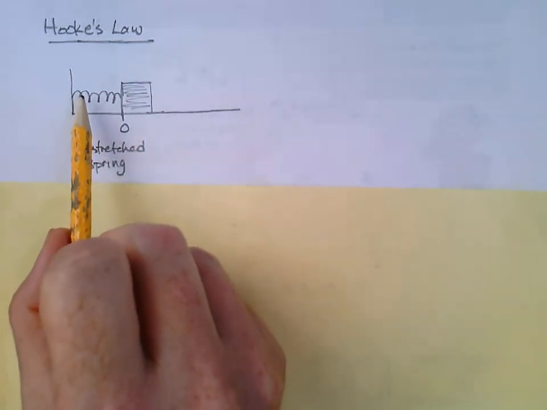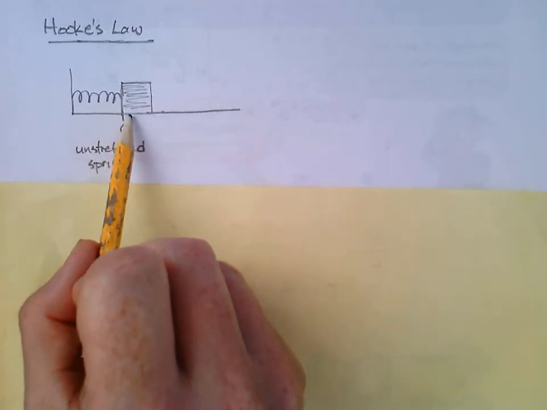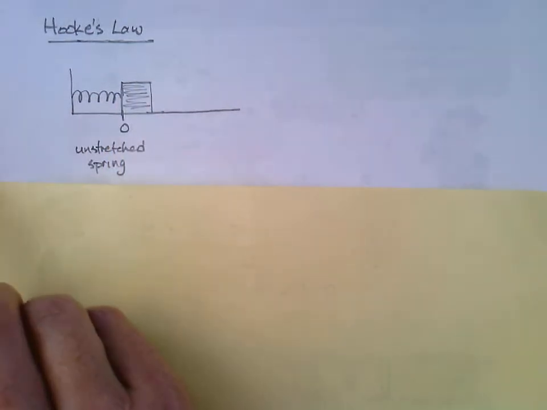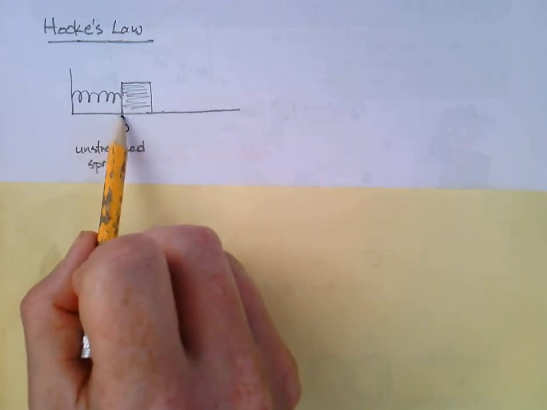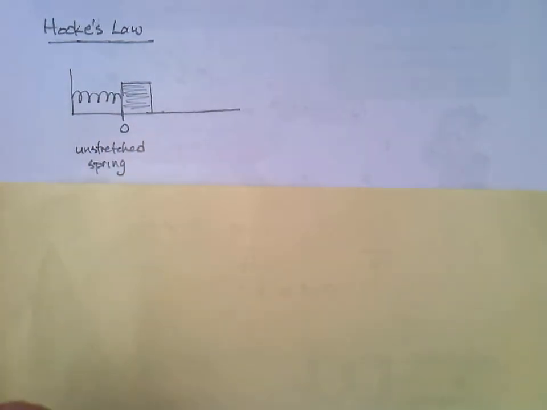So the spring is just naturally that long, and there's this block attached to the end. We're going to say where that block is located there on the left side, we're going to call that 0. The spring is at rest. It hasn't been compressed. It hasn't been stretched. That's just the natural length of the spring. Really, that block is simply supporting the end of that spring. It's not pushing or pulling on it.